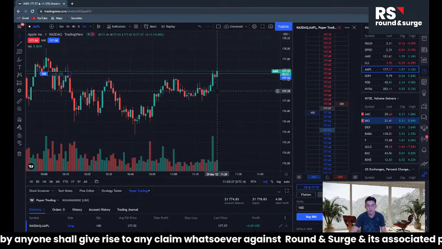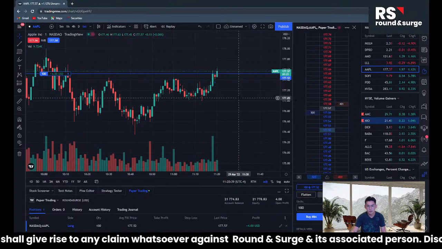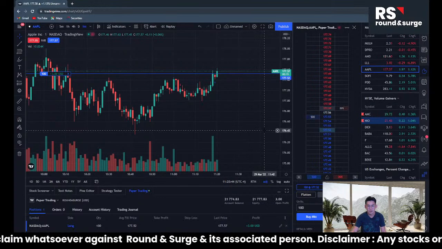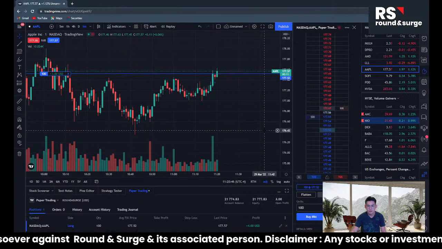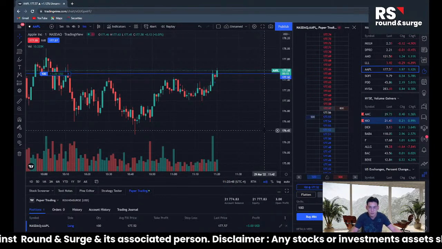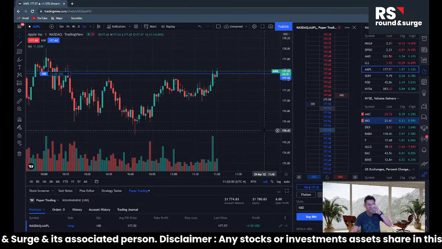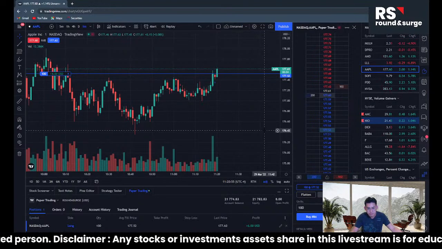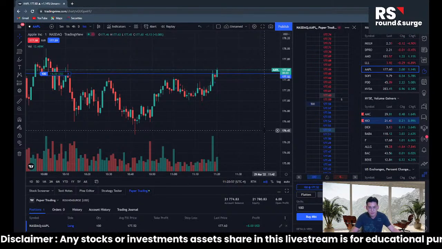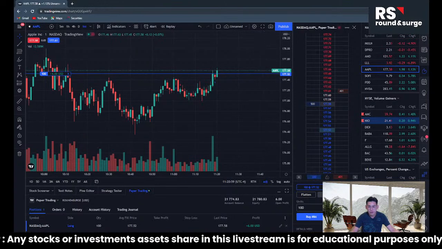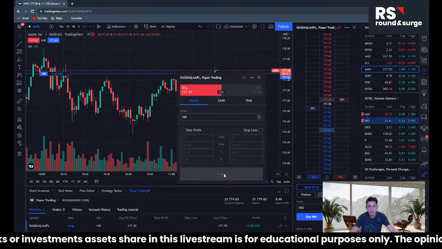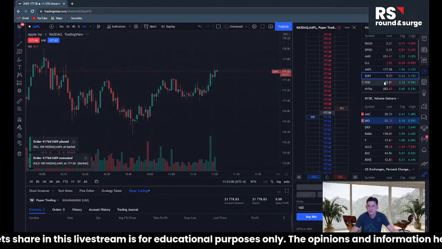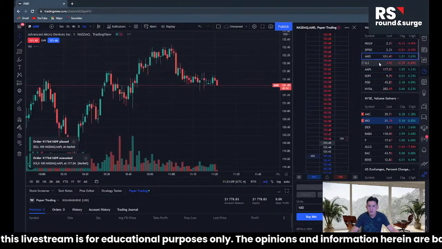Volume is higher than the previous candle. Probably this will be our exit candle. Okay, exit. Take the few dollar profit here. Let's look for the next one.